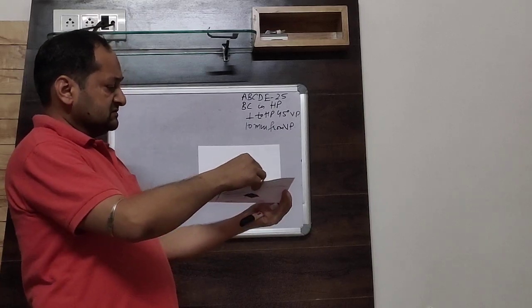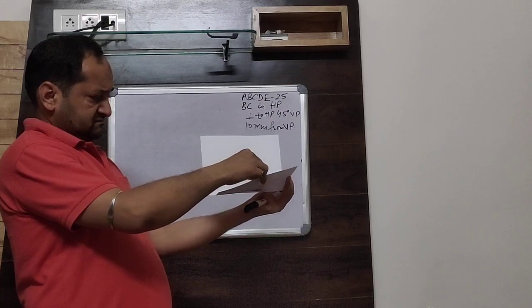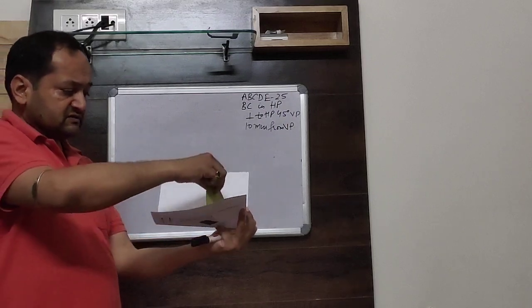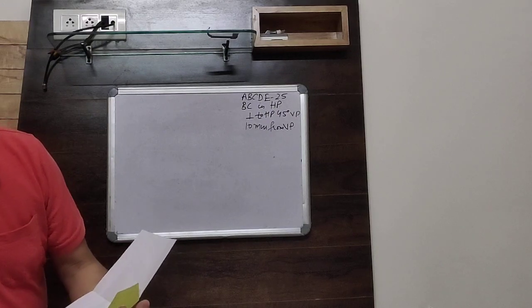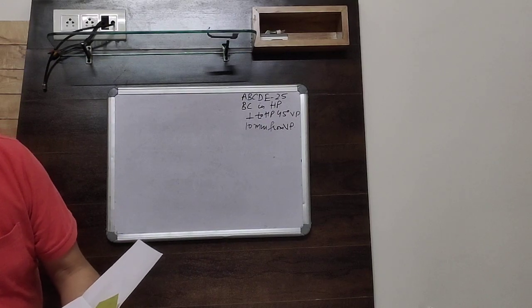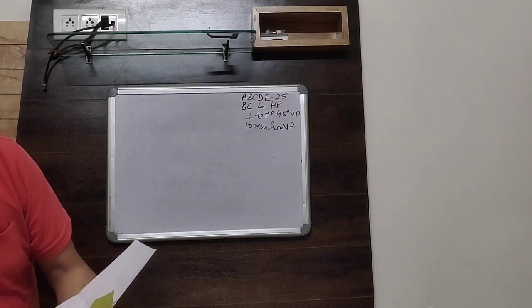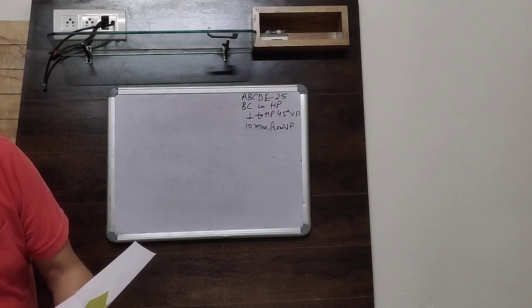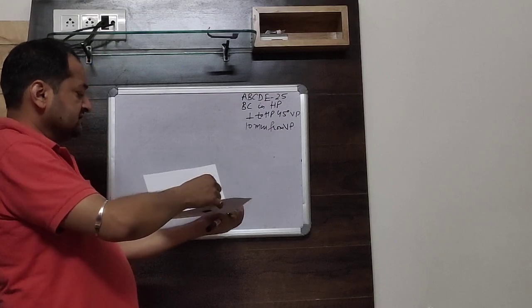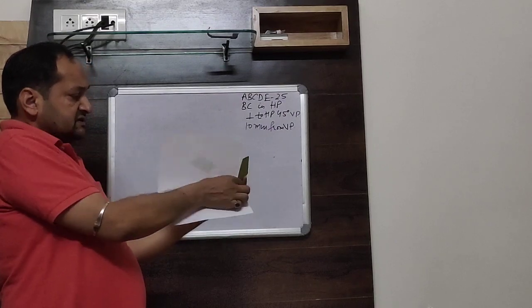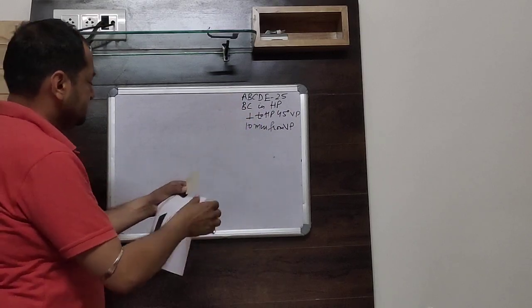Which is the nearest corner? Nearest corner is this one. This corner is 10 mm from the VP.